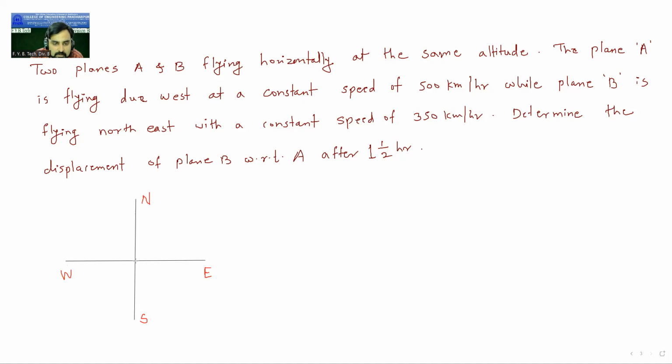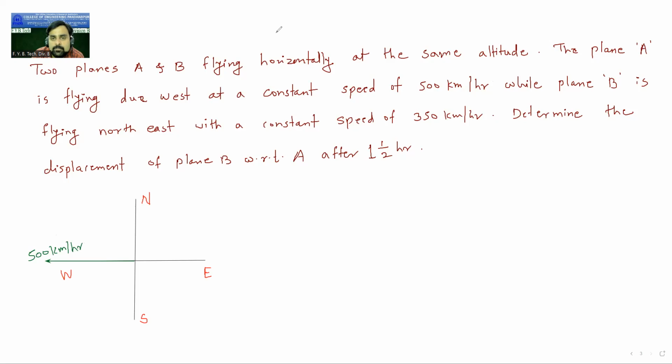So in the west direction, it is flying in this direction, due west, with a speed of 500 km/h. So this is plane A with a speed of 500 km/h.